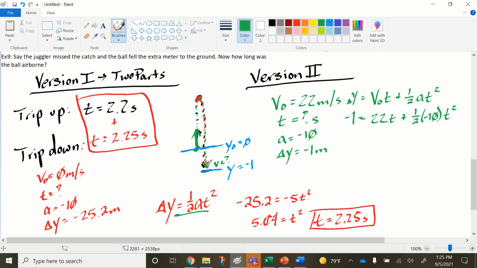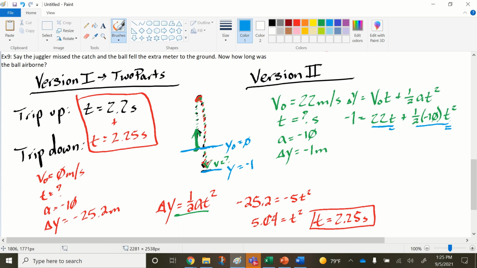Here's the catch. Here's why I don't encourage people to do this. It all depends on how good you are with mathematics. You have a term that contains t, and then you have a term that contains t squared. Those are not like terms. You cannot add them.